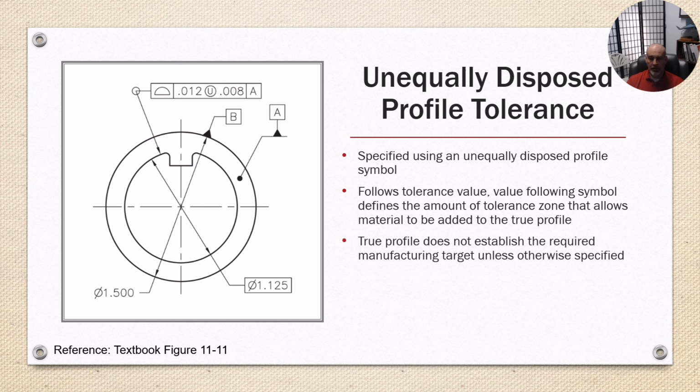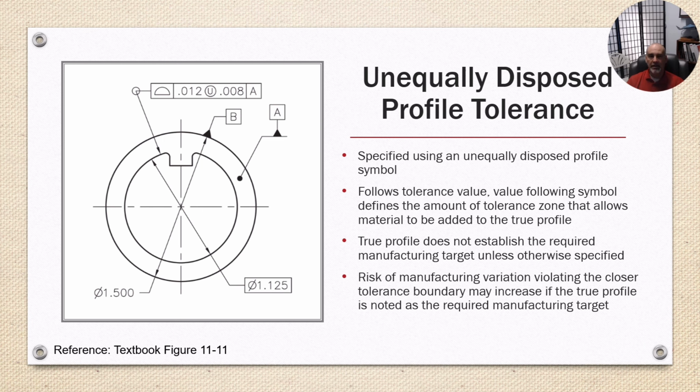The true profile does not establish the required manufacturing target unless otherwise specified, and there is a risk of manufacturing variation violating the closer tolerance boundary.